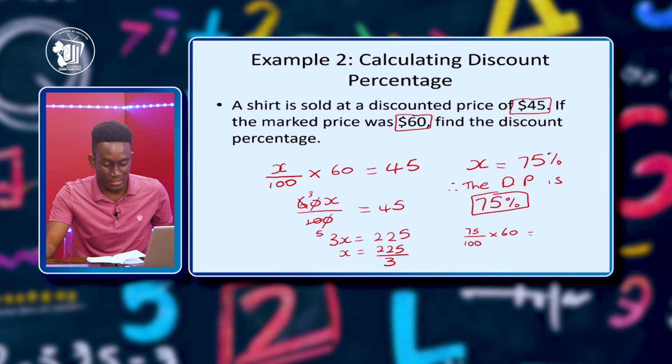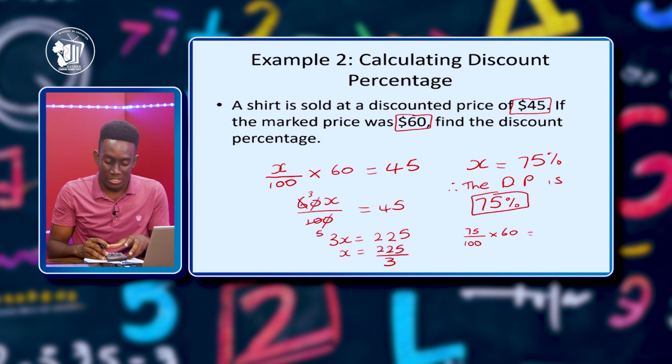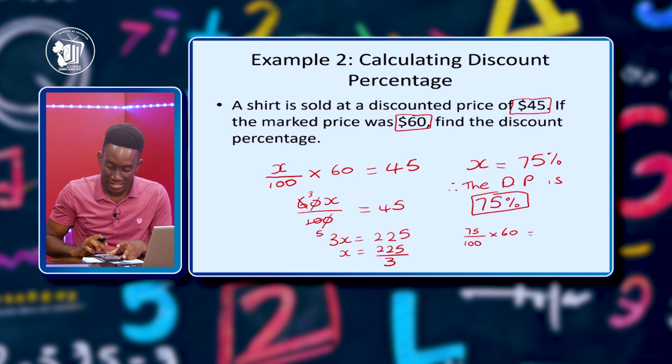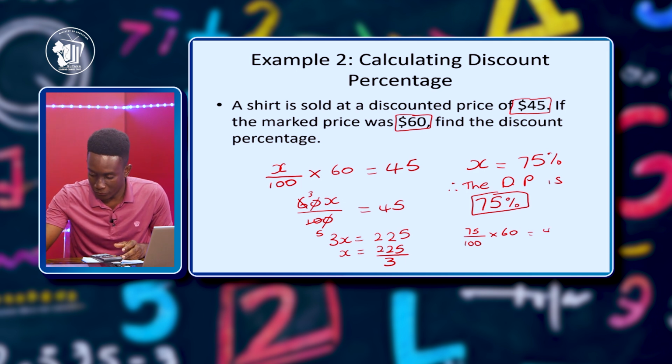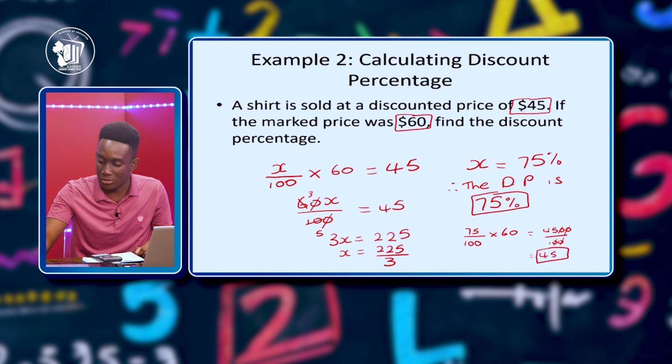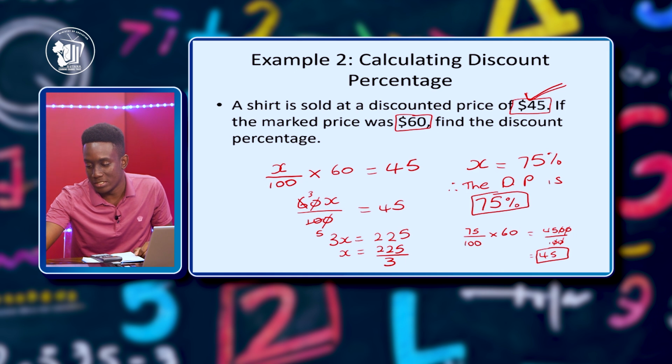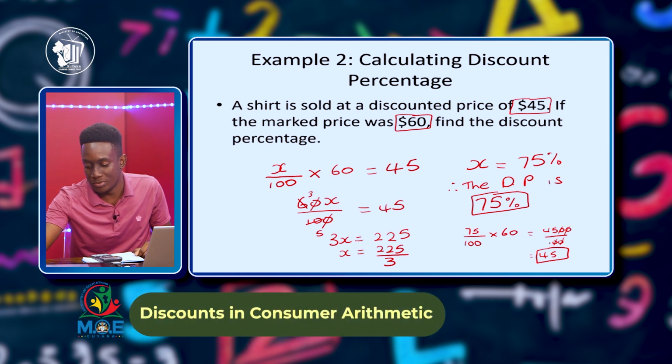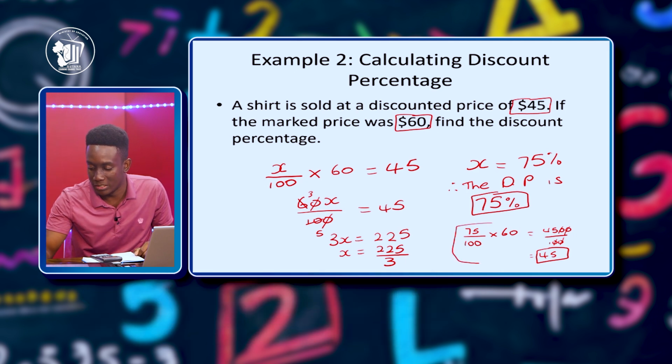If you multiply 75 by 60, that would give you 4,500. And if you divide that by 100, the zeros cancel and you'll end up with 45. So 75% of 60 is 45, which is indeed the discounted price. So we know our answer is 100% correct after we do our little check.